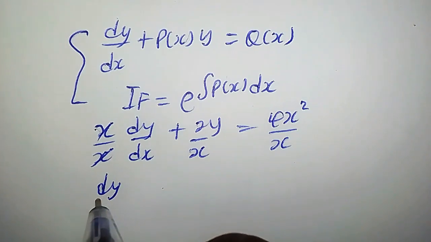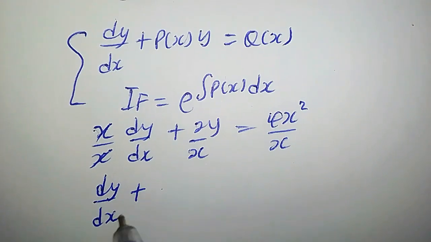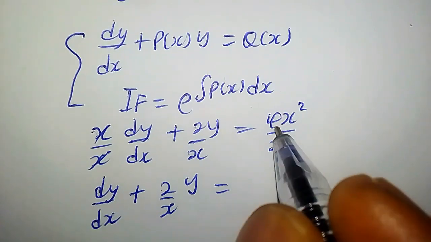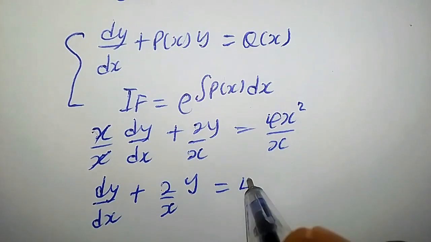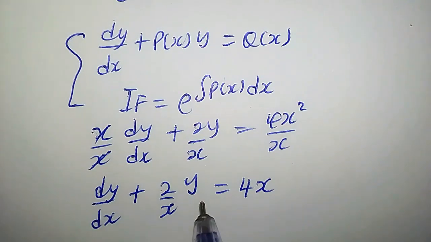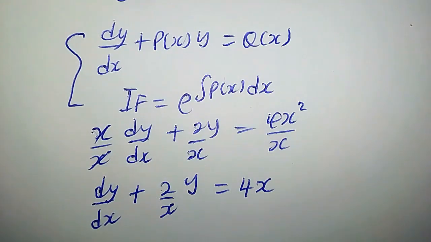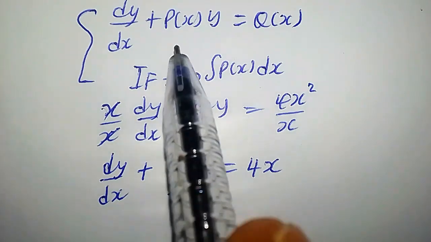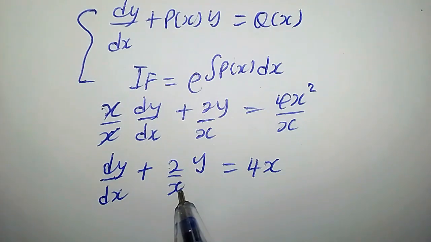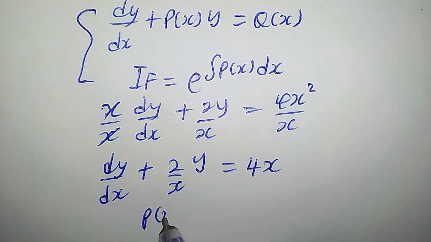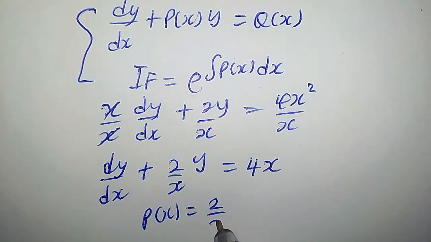We have dy/dx + (2/x)y = 4x squared divided by x, that is 4x. You will observe that this new equation now looks exactly like the standard form. By comparing, p(x) is 2 over x and q(x) equals 4x.